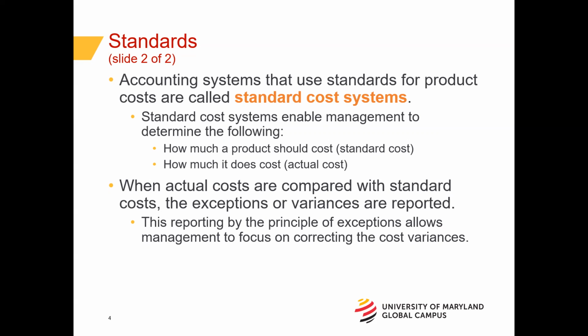When actual costs are compared with the standard costs, there is what we call a variance, which is reported. A variance is simply the difference between standard costs and actual costs. Variances are reported to help management identify the variance and make corrections to it.